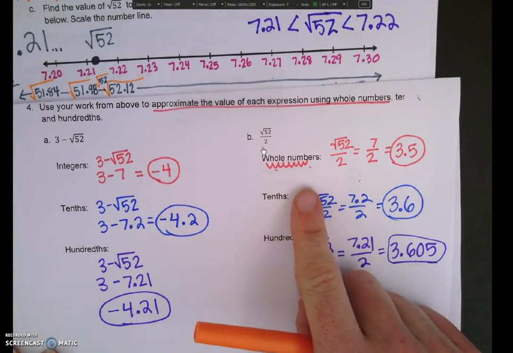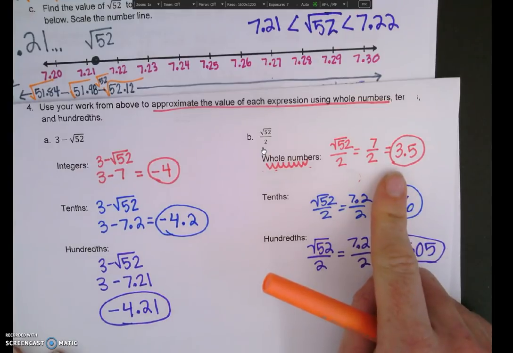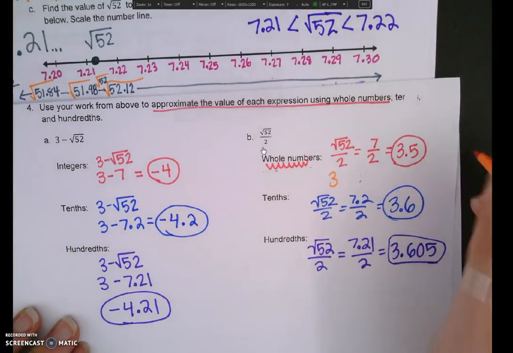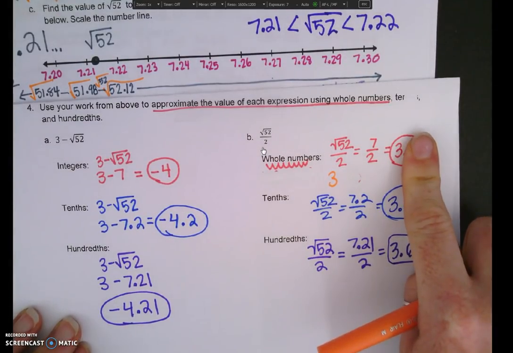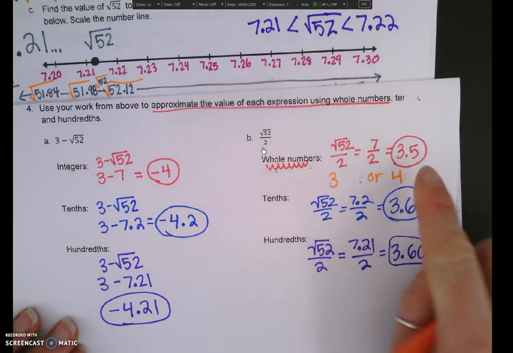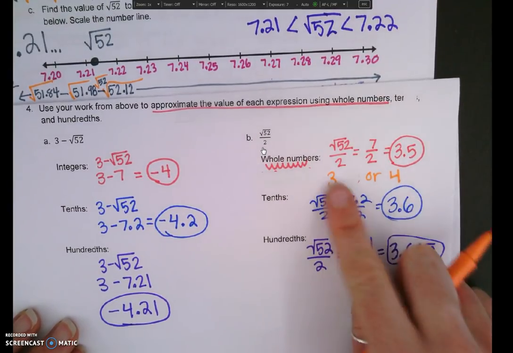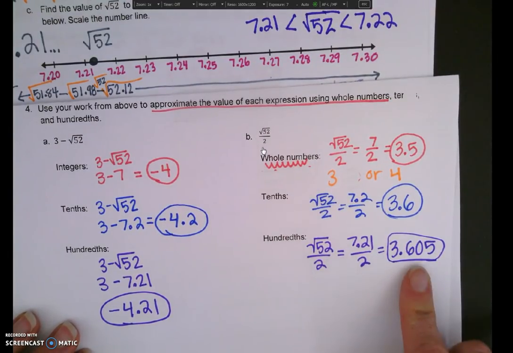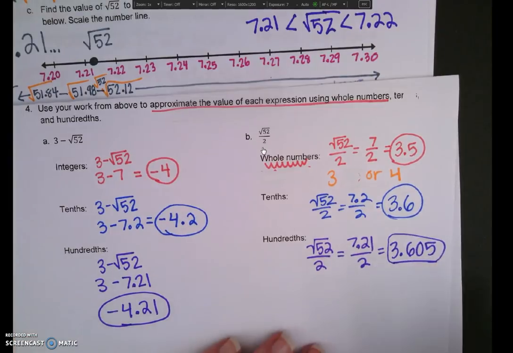I know here it says whole number and 3.5 is not a whole number. So if you decided to say 3 as your final answer because you're truncating, just deleting the rest of the number, or 4 because you're rounding up to the nearest whole number, I would accept both of those as well, along with to the hundredths because this is to the thousandths place.